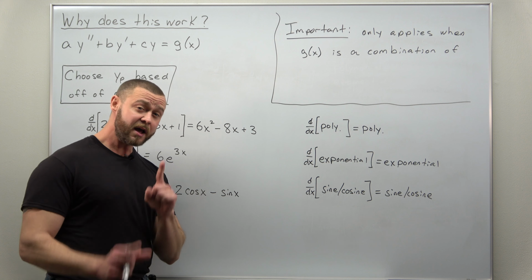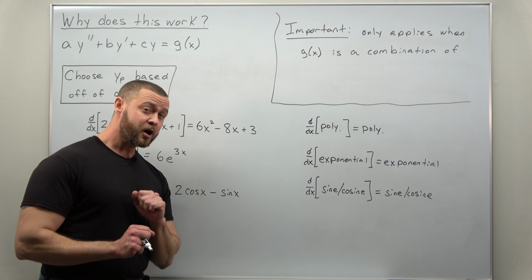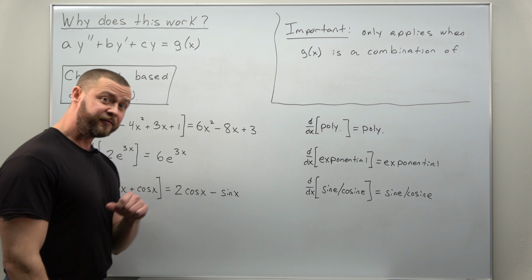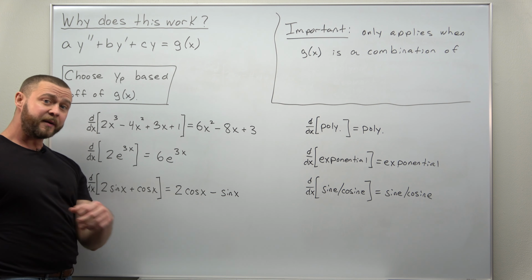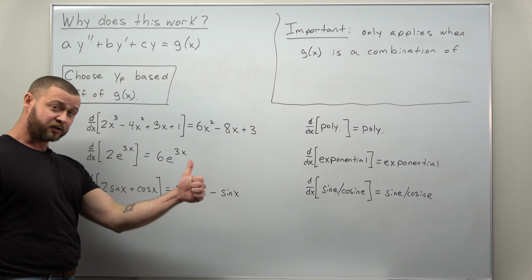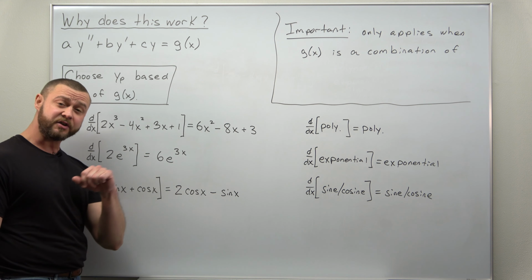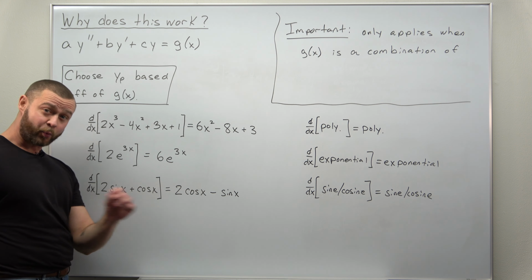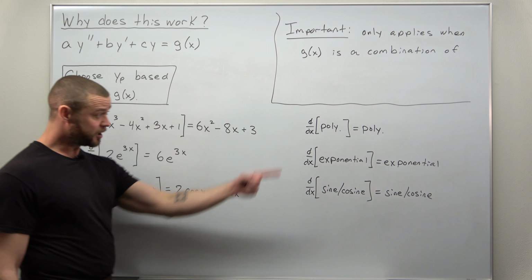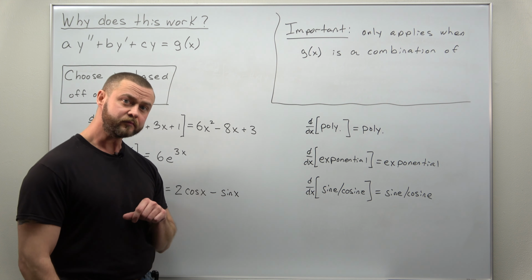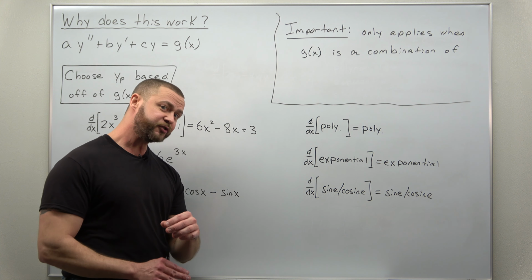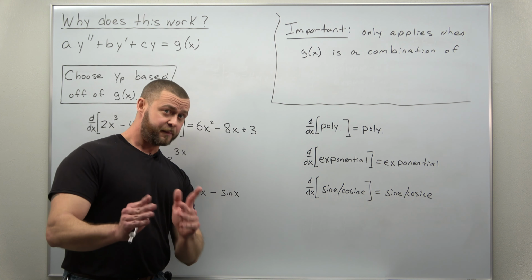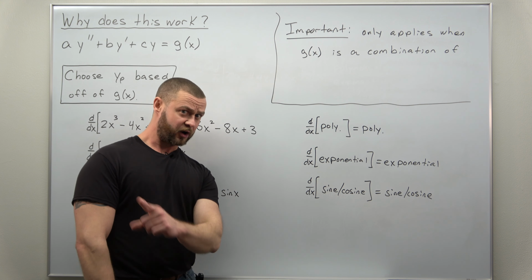And that's why the method of undetermined coefficients works if g of x is a combination of polynomials, exponentials, and sines and cosines. Then when we differentiate that choice for yp, we get those same types of functions back. So there's a very short answer to why the method of undetermined coefficients works.